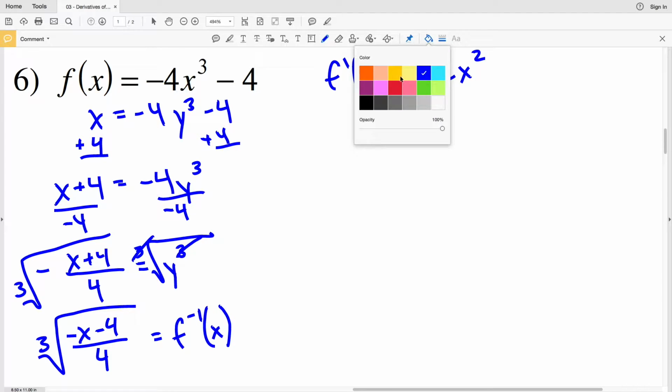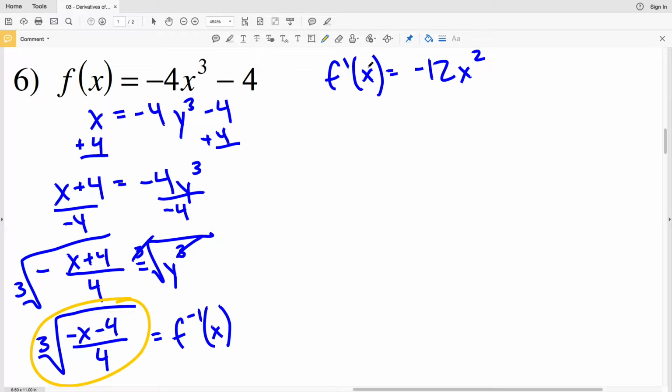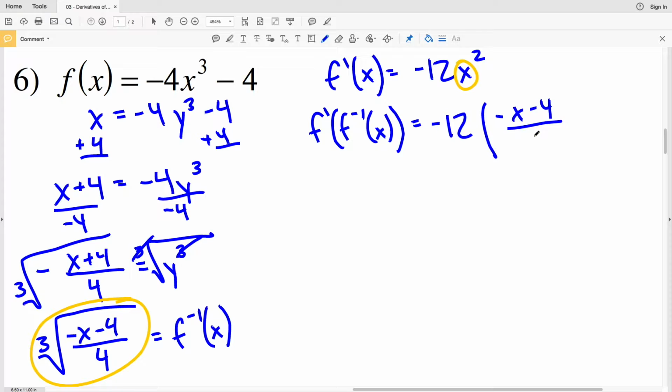So now that I have my inverse function of x, I'll plug that in for x in my derivative. So the derivative of my inverse function of x equals negative 12 times the cube root, which I'm going to write as (negative x minus 4) over 4, that value to the 1/3, because that's equivalent to the cube root, and then that inverse function is also squared.